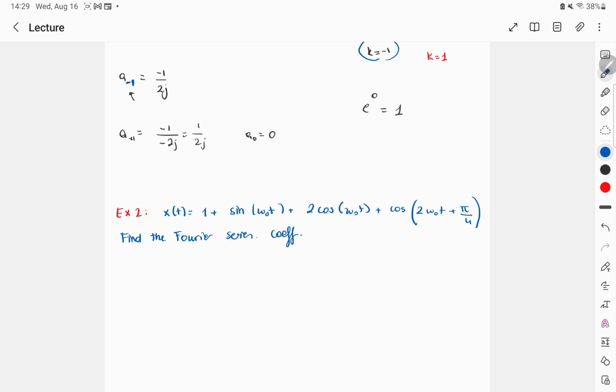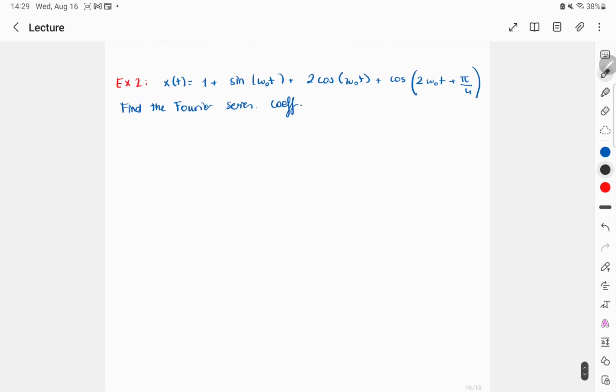This one we will again apply the previous method that we have used in the previous example. So in order to have a 1, we need to have e to the power of 0 times j. So we will basically do e to the power of 0, plus, in order to have the sine value, we need to make e to the power of j omega t minus e to the power of minus j omega t over 2j.